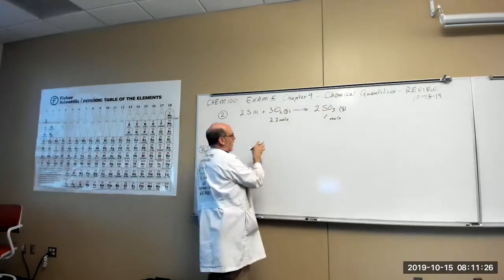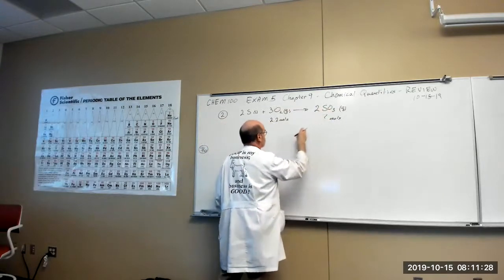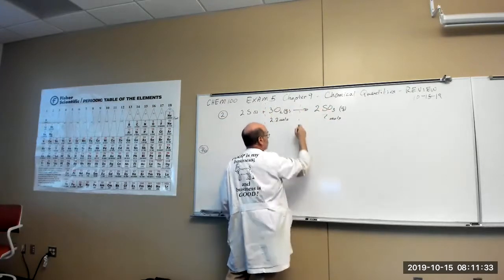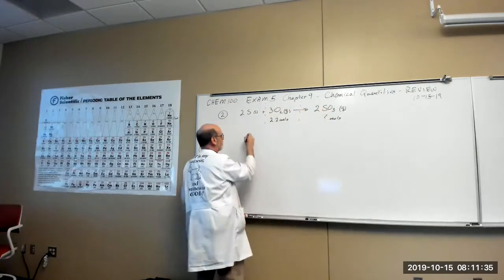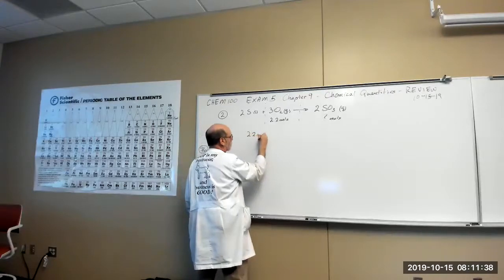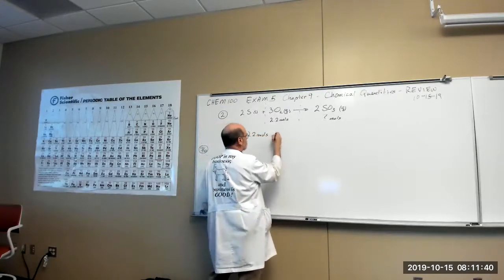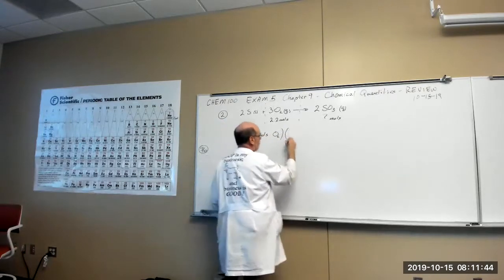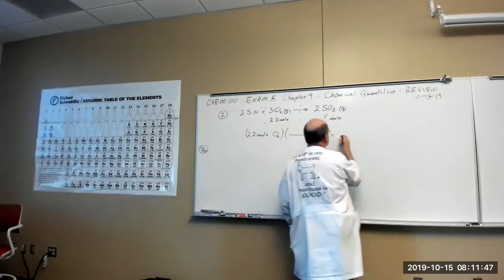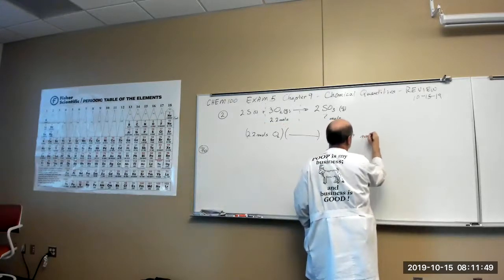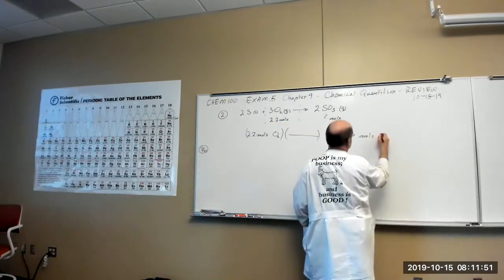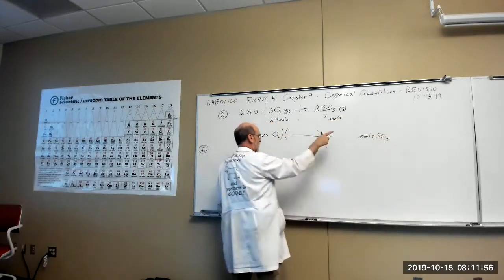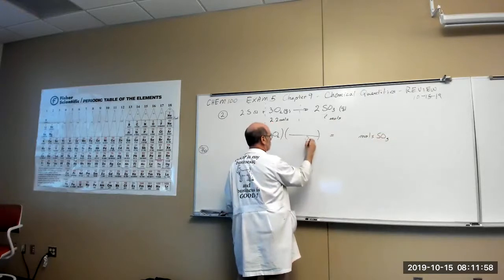So how do we convert from that to that? Because now that we have moles, we can cross the barriers. So not skipping any steps, that many moles of oxygen is where we are, and this is where we're going. Moles of this one. Okay, so we're headed there. This is where we're coming from.